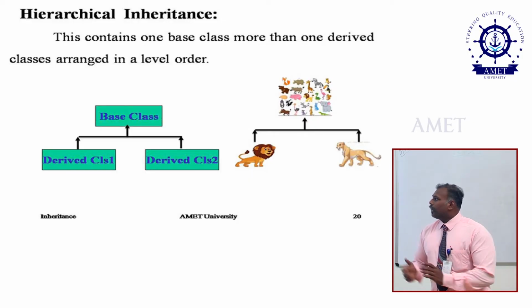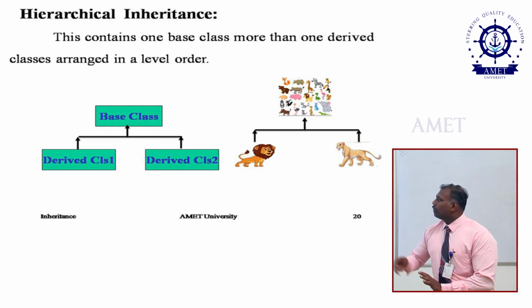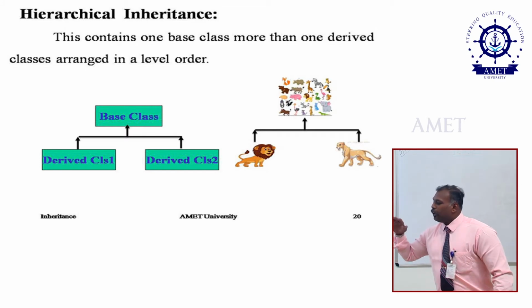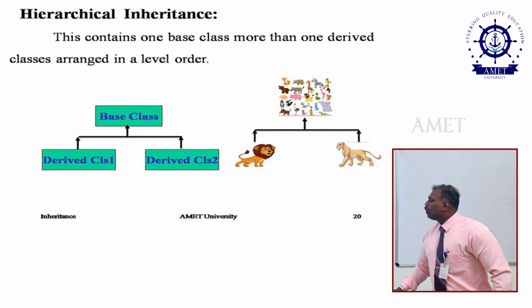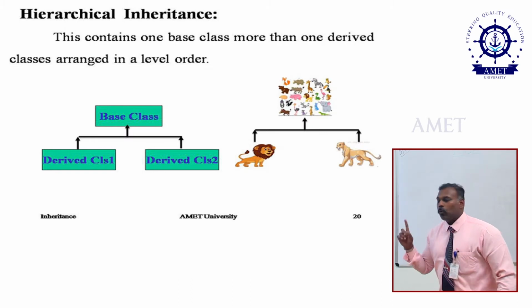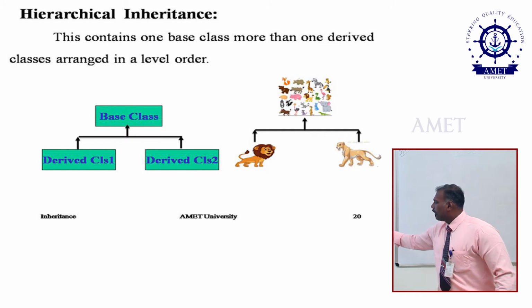Then the fourth type of inheritance is hierarchical inheritance. The name itself reveals that it is going to follow some hierarchy. Hierarchy in the sense one base class and multiple derived classes: animals, and then lion, and then lioness.